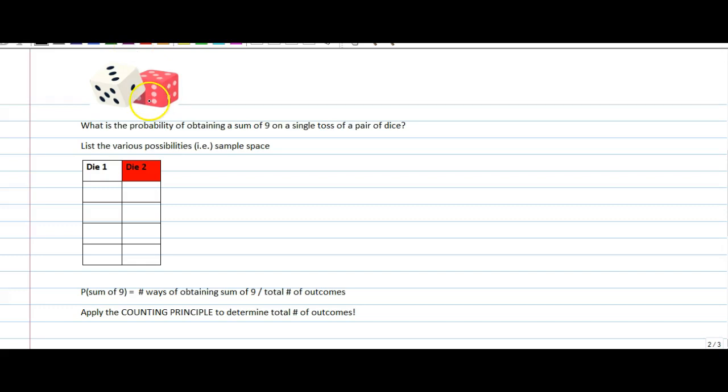And again, by definition, the probability of success is equal to the number of ways what we want to happen can happen, or the number of chances of success divided by the total number of outcomes. So here I have a pair of dice, and I want to know what is the probability of attaining a sum of 9 on a single toss of a pair of dice.